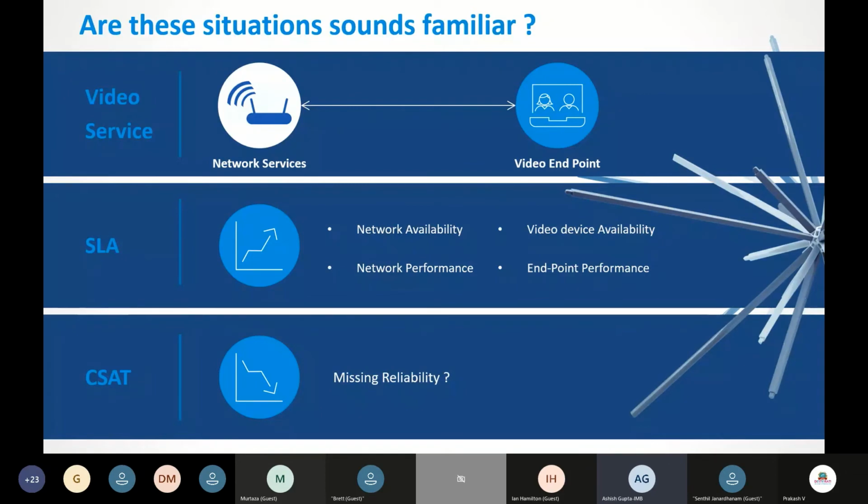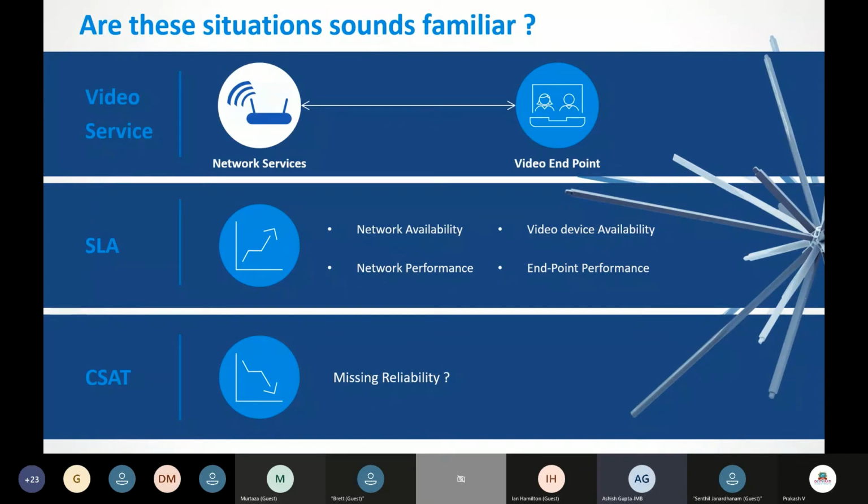Imagine the days when you were at office, connecting back to your team, which was remotely located, was a couple of times possible over a video service, right? And how a video service typically works is that the video service is connected at the back end to a network component.